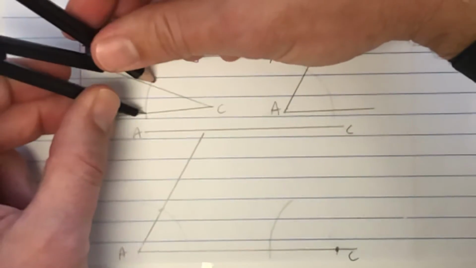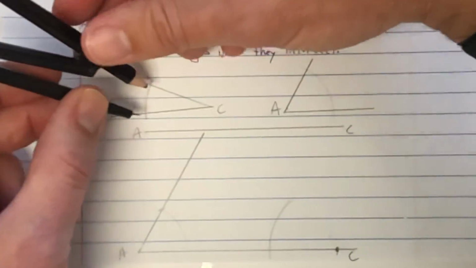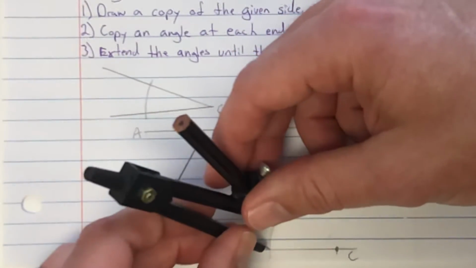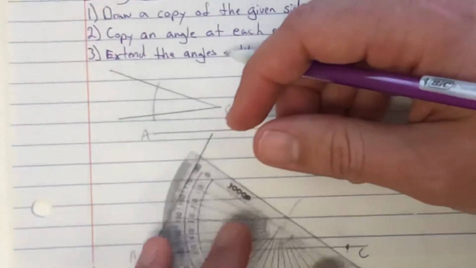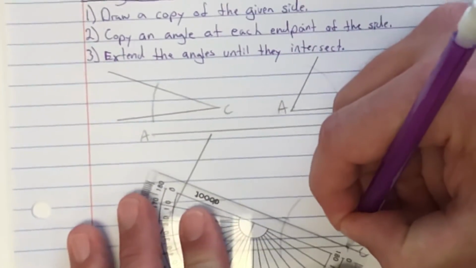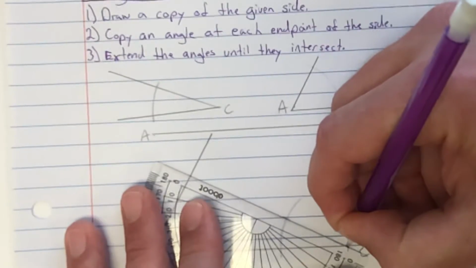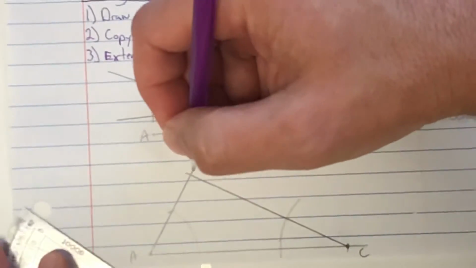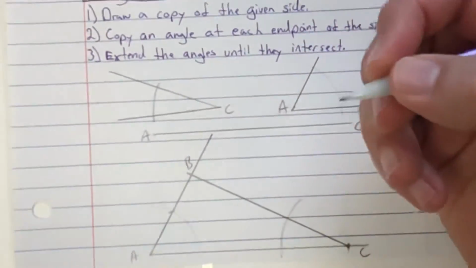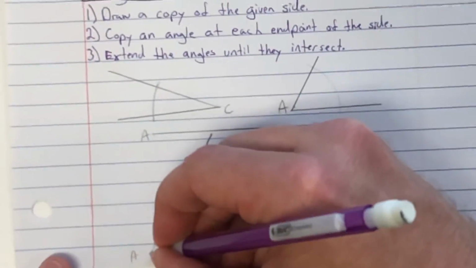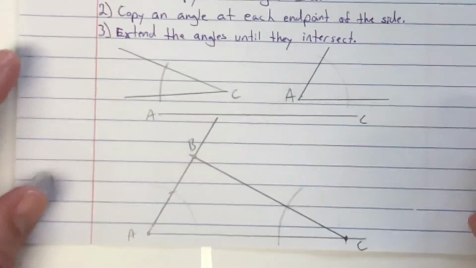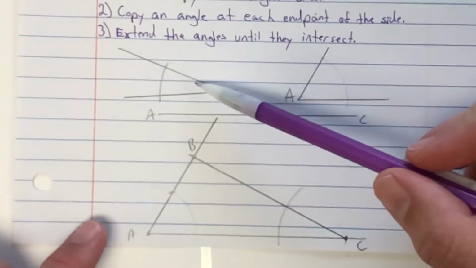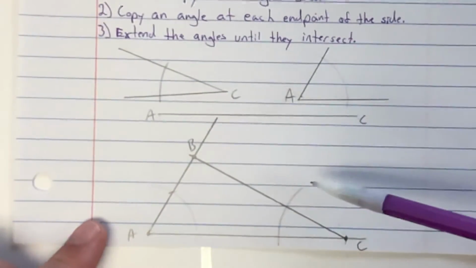I'm going to set this so, come down here, make my mark, and then I'm going to take my straight edge and go from point C through that intersection, and this makes point B. So my triangle now has A, B, and C. And so I've made my triangle out of an angle, side, angle combination.